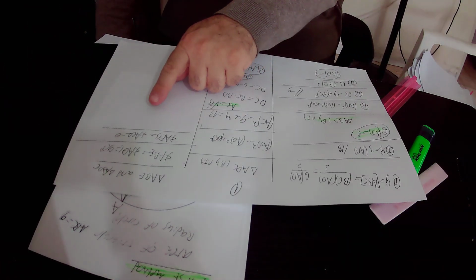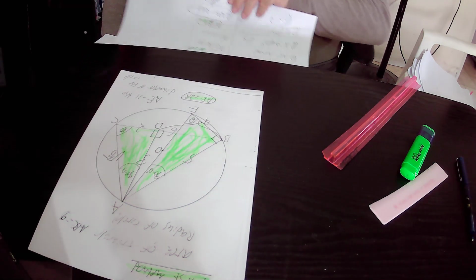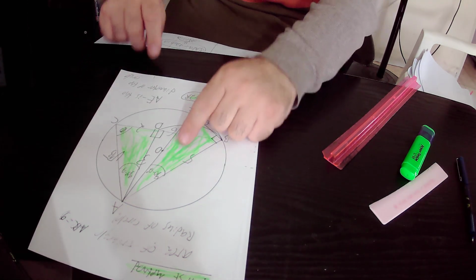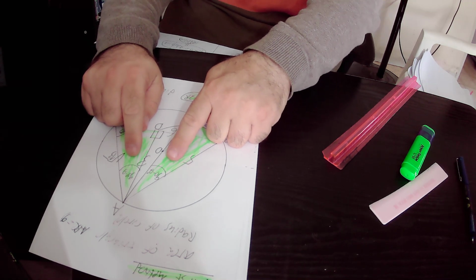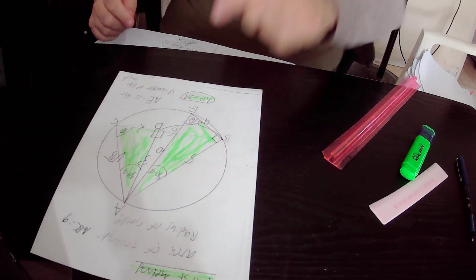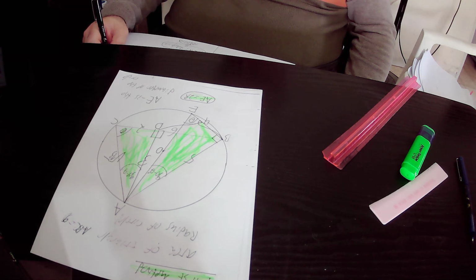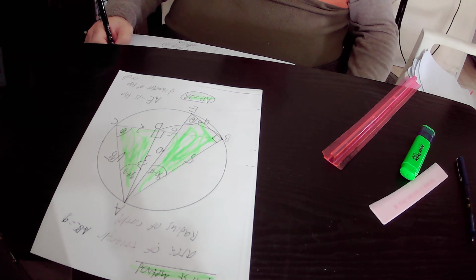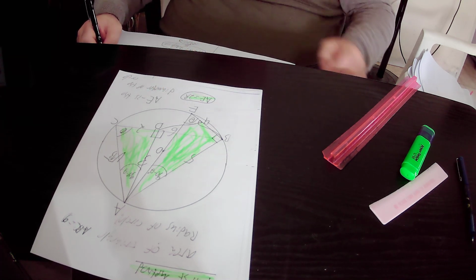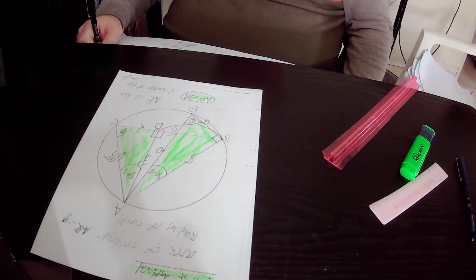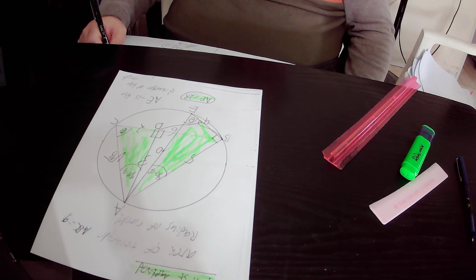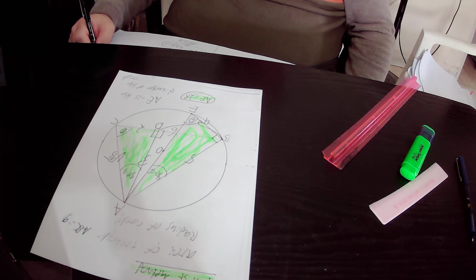Angle AEB equals angle ACD equals theta. And finally, those two angles are both equal to 90 degrees minus theta, therefore they are equal to each other. So here this angle, angle EAB, equals this angle, which is actually angle DAC, and both are equal to 90 degrees minus theta.